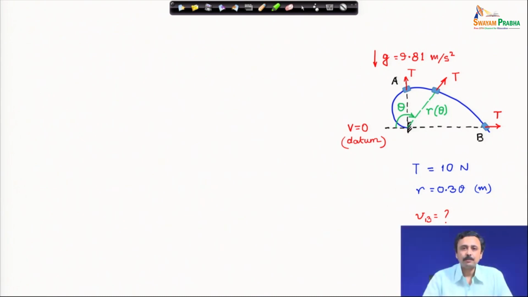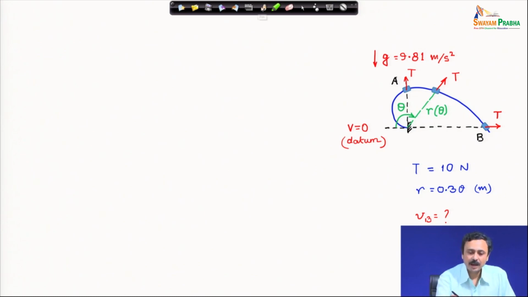Now, whenever we apply the work energy relation and represent potential energy, here we have the gravitational force field acting, which is a potential force field, and we know its potential energy expression, or the scalar potential function, denoted by V. For this V, we need to define a datum where V is equal to 0.